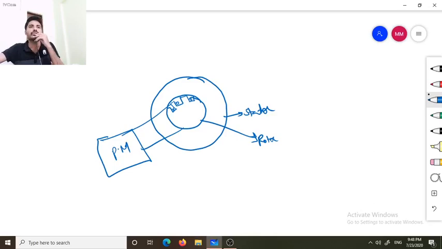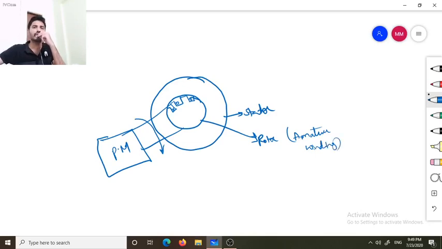As the prime mover gives mechanical rotation to the rotor, the rotor rotates, and the armature winding also rotates.